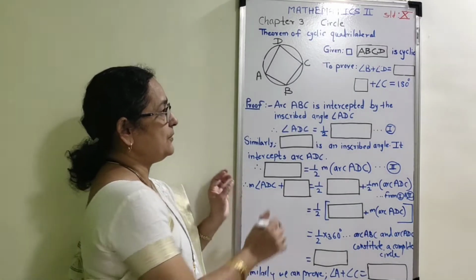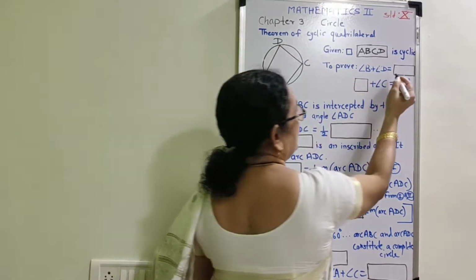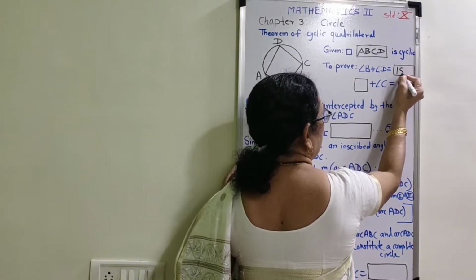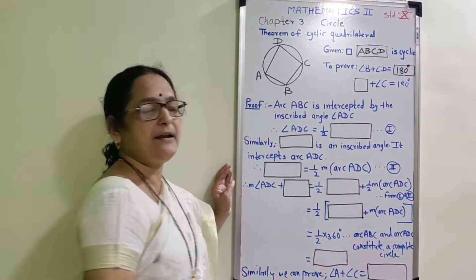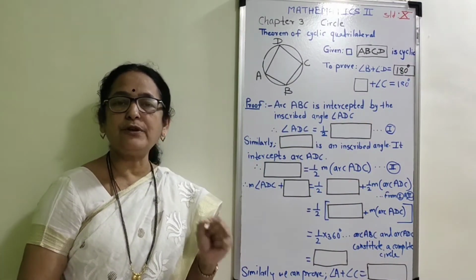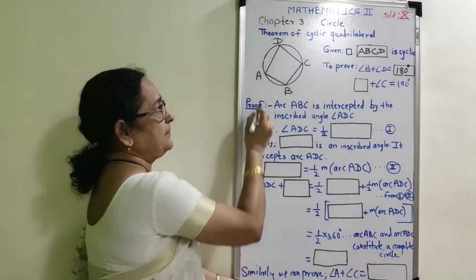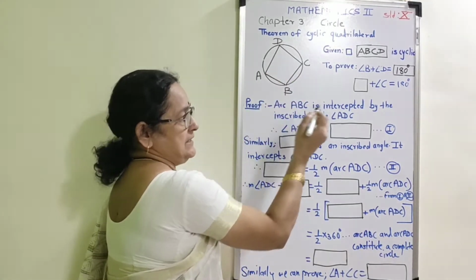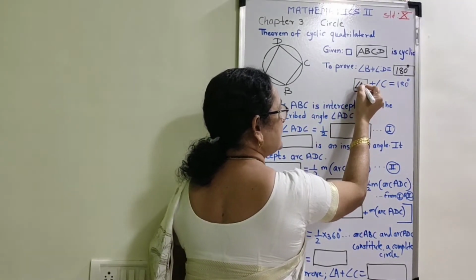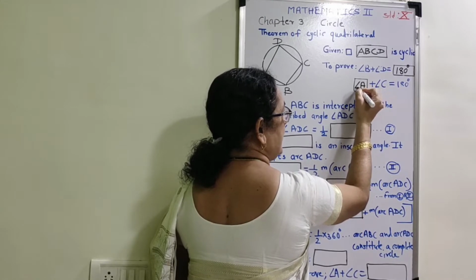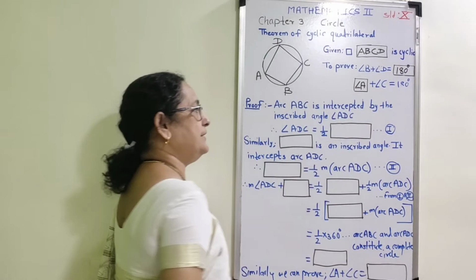The first pair of opposite angles is angle B and angle D. Here the addition is 180 degrees. Supplementary means the addition of two given angles is 180 degrees. Now the second pair, angle A and angle C. Therefore the first blank is angle A plus angle C is equal to 180 degrees.